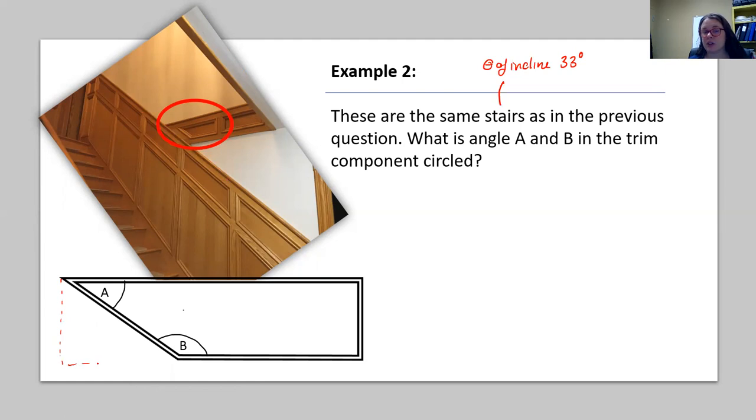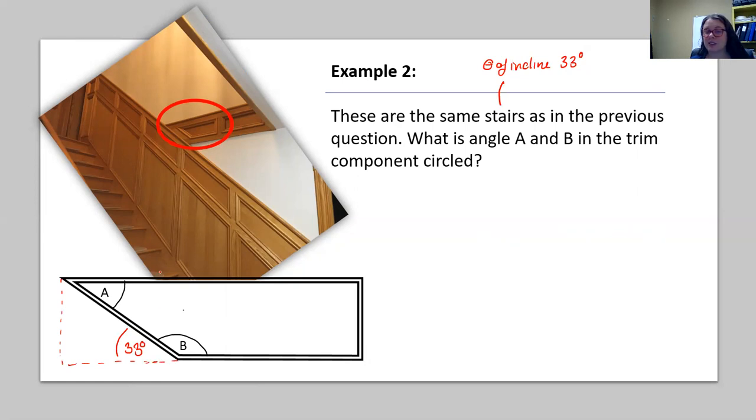So if this is like a step with a rise of 7 and a run of 11, that ratio, then this angle here will always be 33 degrees. And that's going to let us calculate some of the other angles.